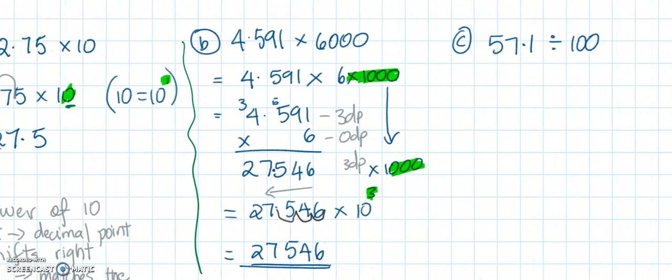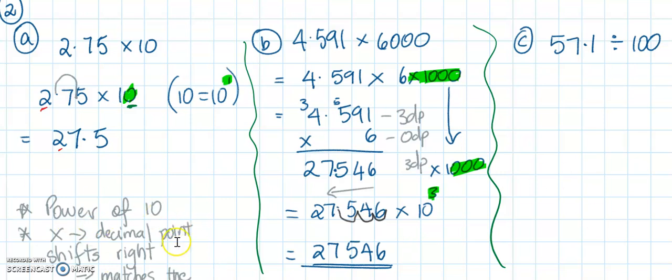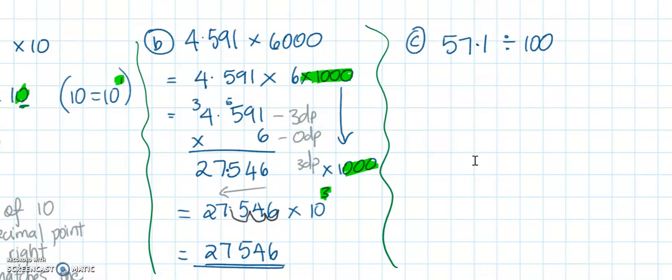Let's move on. What do we do when we divide by 100 or divide by powers of 10? Quite simple, common sense. When we multiply, the decimal point shifts right and it matches the power of 10. When we divide, it's basically the reverse.